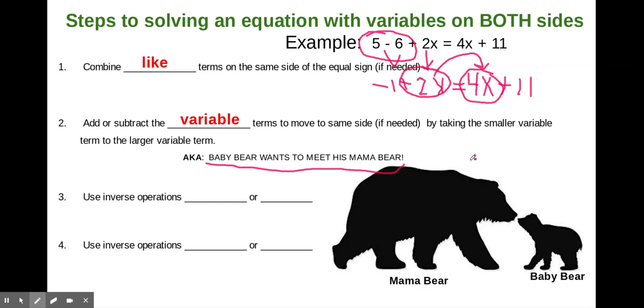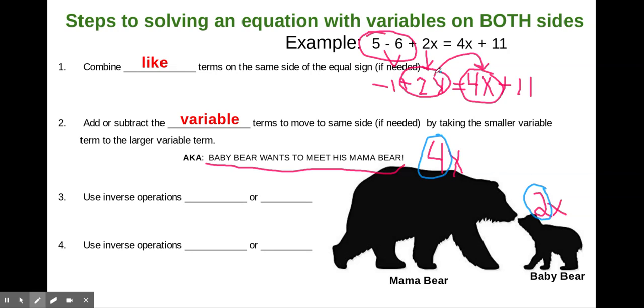And you might be wondering, why is the baby bear 2x and why is the mama bear 4x? Well, if you look at the coefficients, your coefficients are the numbers that come before the variable. This 2 is smaller than the 4. And 2 is your baby bear, and 4 is your mama bear, because 2 is smaller than 4.